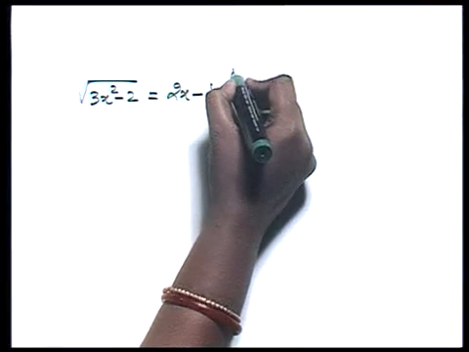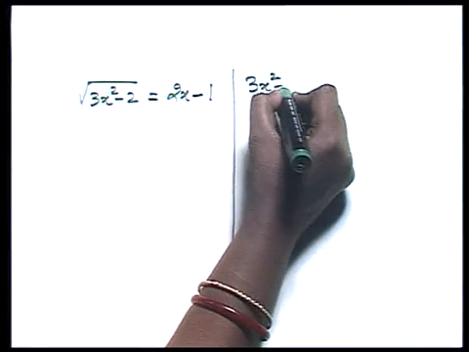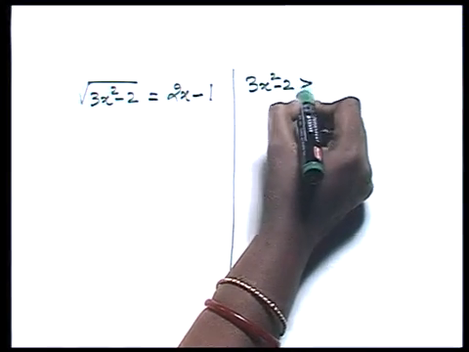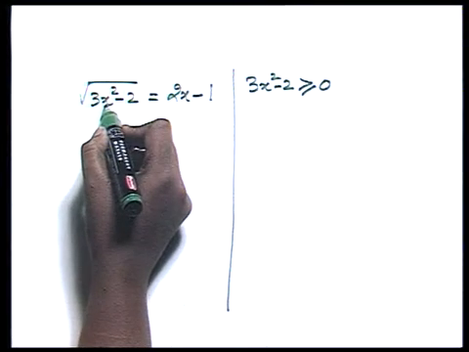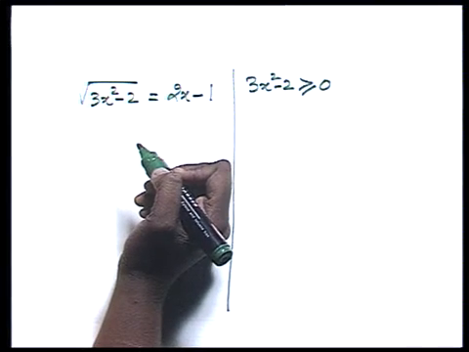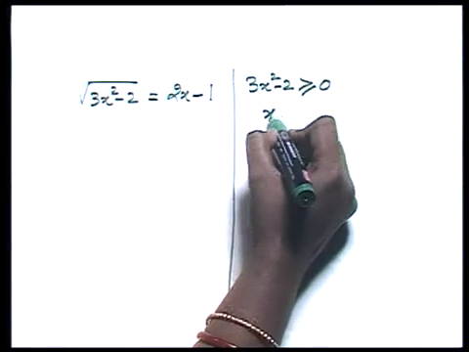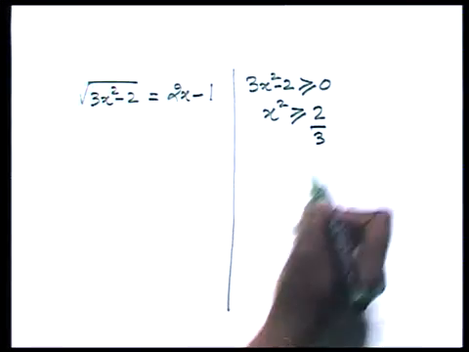Also, 3x^2 - 2 should be non-negative because in real numbers there are no square roots of negative numbers. That is, x^2 should be greater than or equal to 2/3.